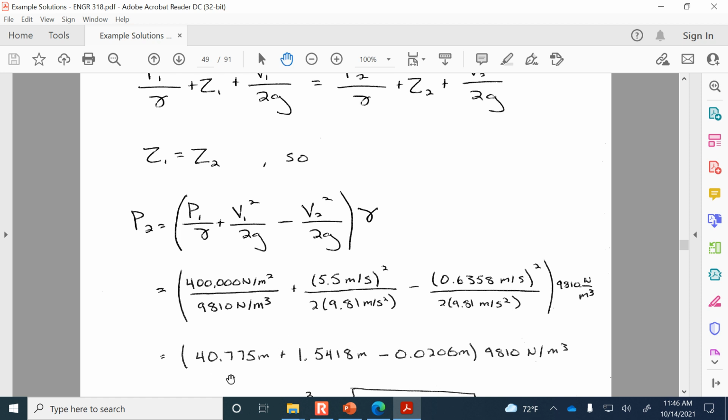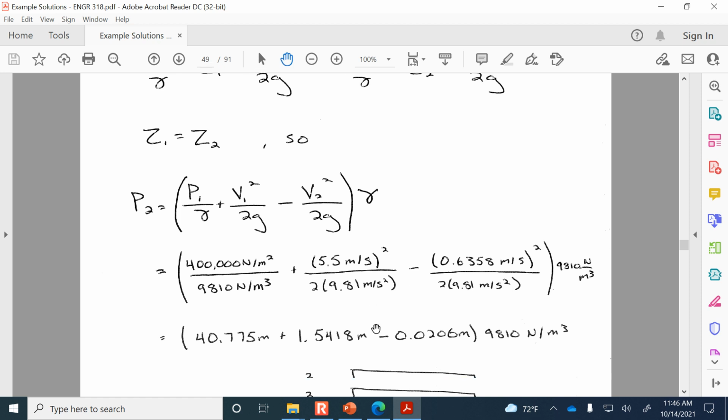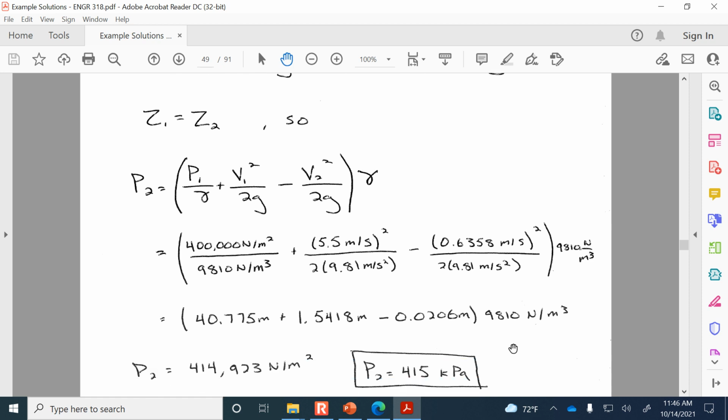So the bulk of this energy is going to be in the pressure. And so the pressure at 2 will simply be 9810 newtons per meter cubed multiplied by the sum of the pressure heads, and that ends up being 415 kilopascals. So that matches our initial expectation that the pressure would go up.